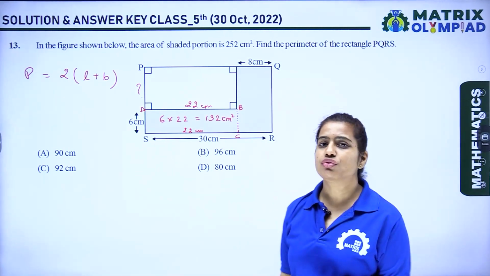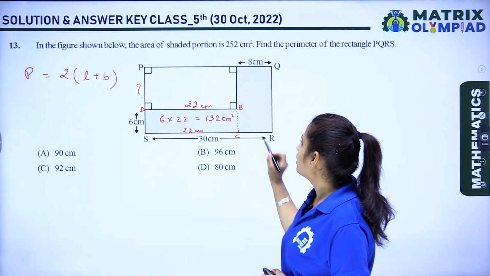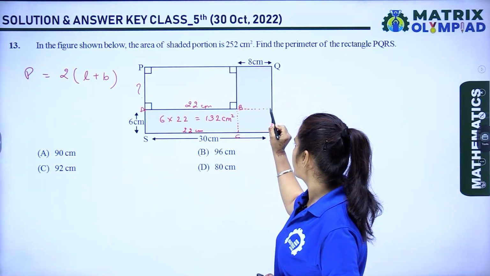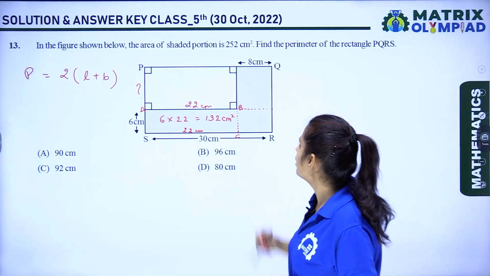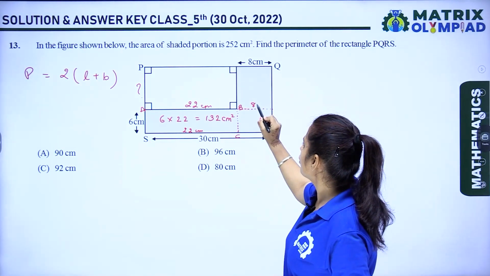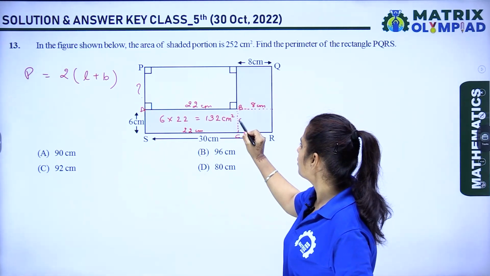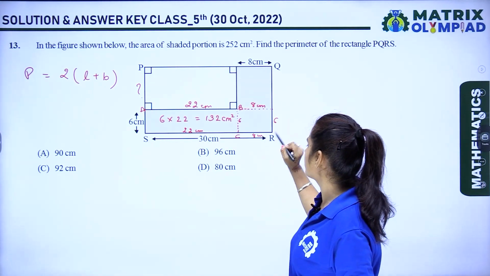Now we are going to find out the next partition area. So let's break down this part also. This is 8 centimeter, so this will also be 8 centimeter, 8 centimeter. This is 6 centimeter, this is also 6 centimeter.